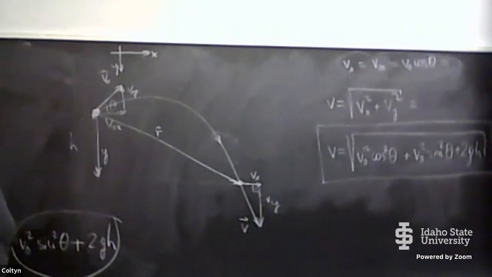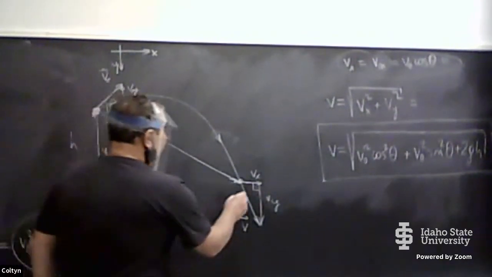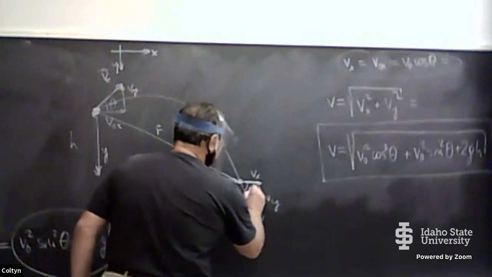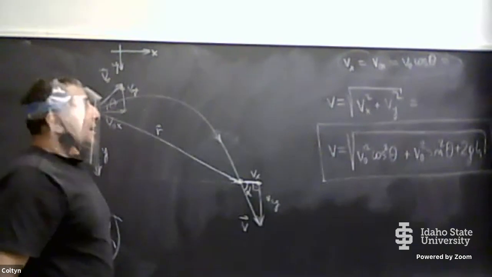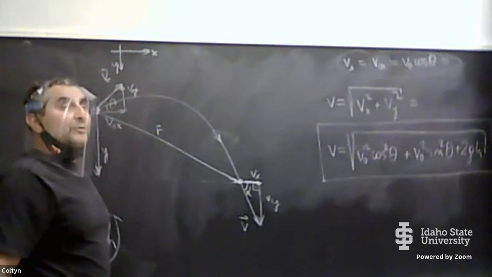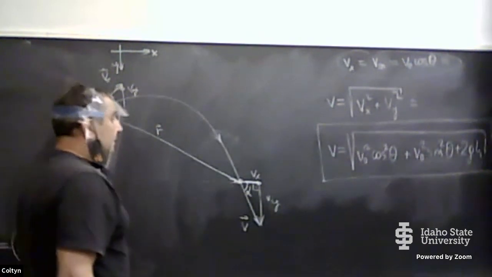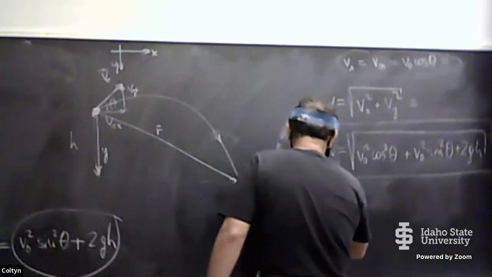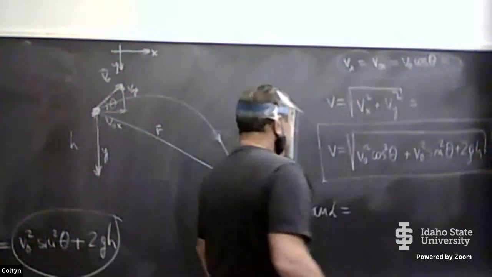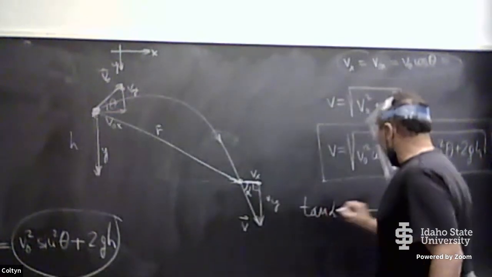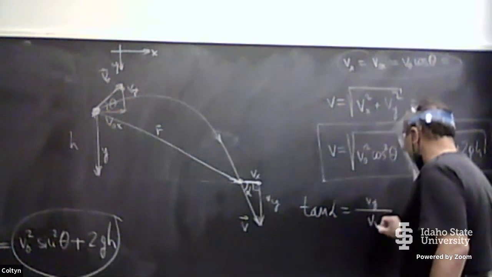How to find the angle of this final velocity with respect to the horizontal? Well, that angle on the diagram is here, angle alpha. And we can form any trigonometric function we want to find the angle alpha. So you can say that the tangent of the angle alpha that you're looking for is opposite side, which is Vy, divided by adjacent side, which is Vx.